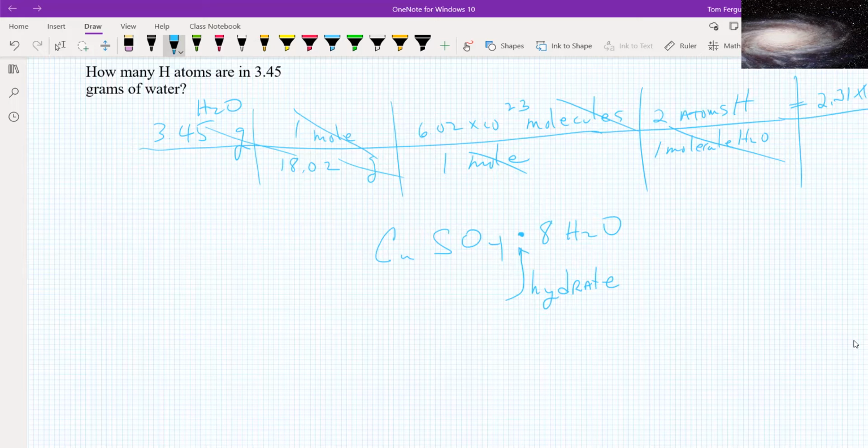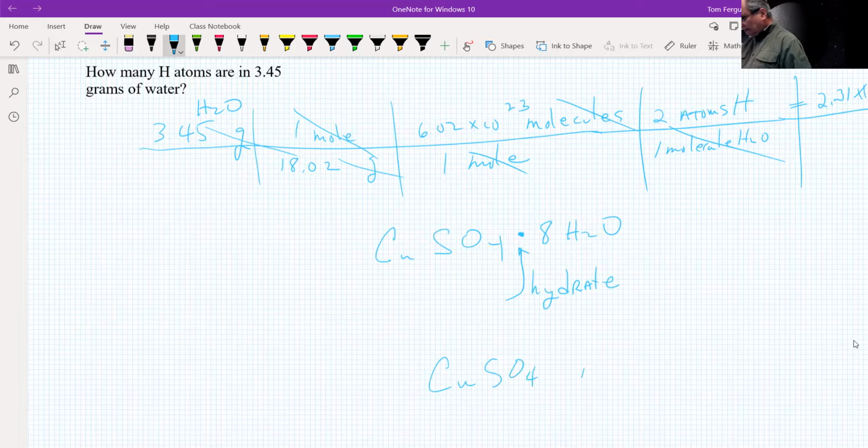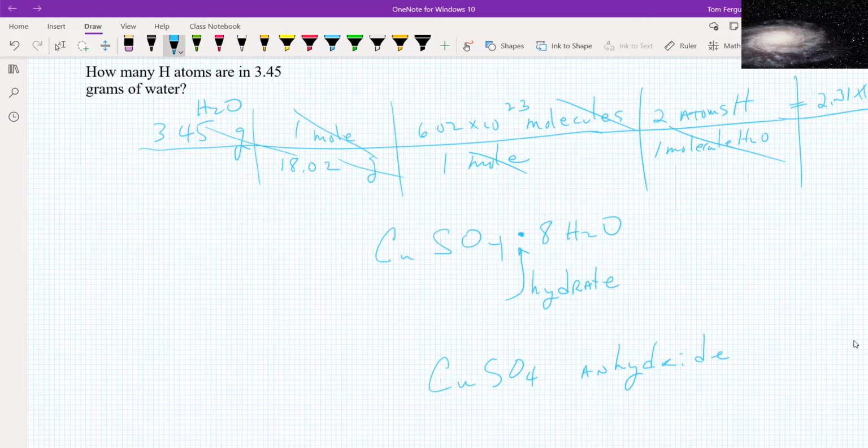So cupric sulfate hydrate, that's the formula for it. Cupric sulfate anhydrous has no water.